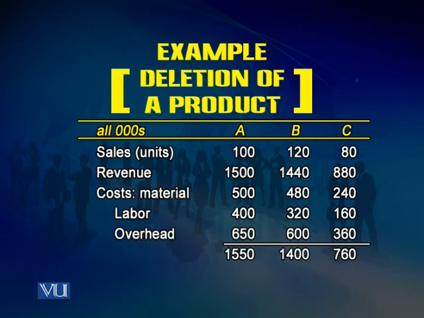The total cost amounts to, in the case of A, 1550, which makes it a loss-making product, a negative of 50. Product B has a positive contribution or profit of 40, and product C has a profit of 120.